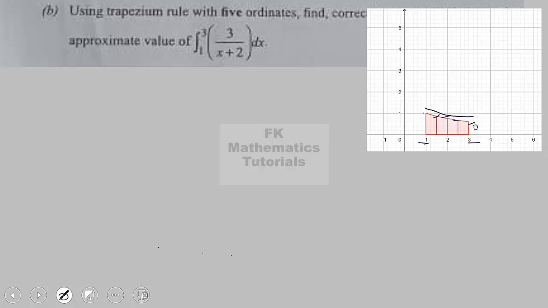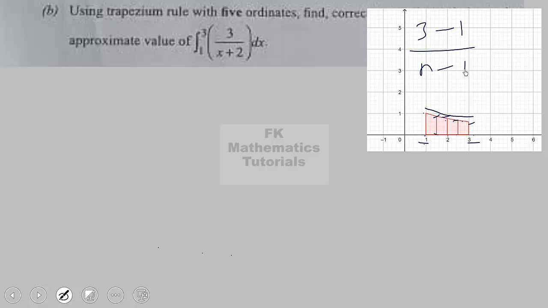So now the trapezium rule is a sum of these y ordinates, then half times the width of the trapezia. So either from here to here, or from here to here. To find that width, you take the upper limit, which is 3, minus the lower limit, over the number of ordinates minus 1, or over the number of trapezia, which is 4.